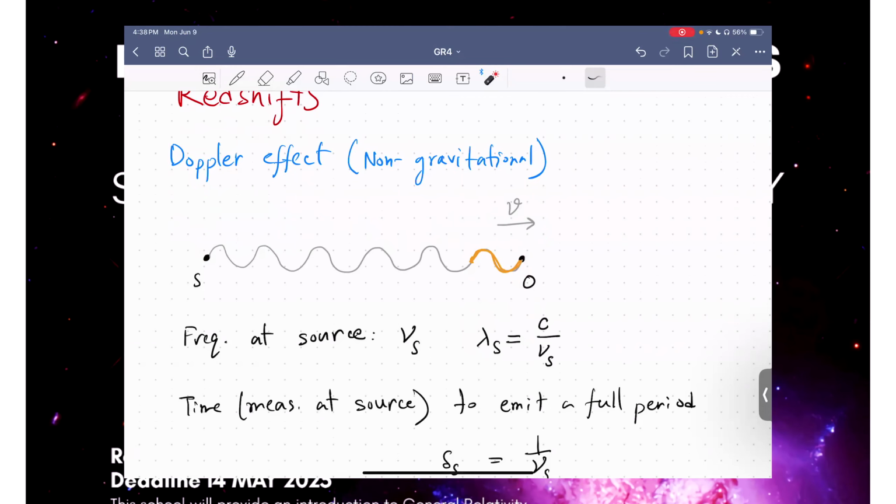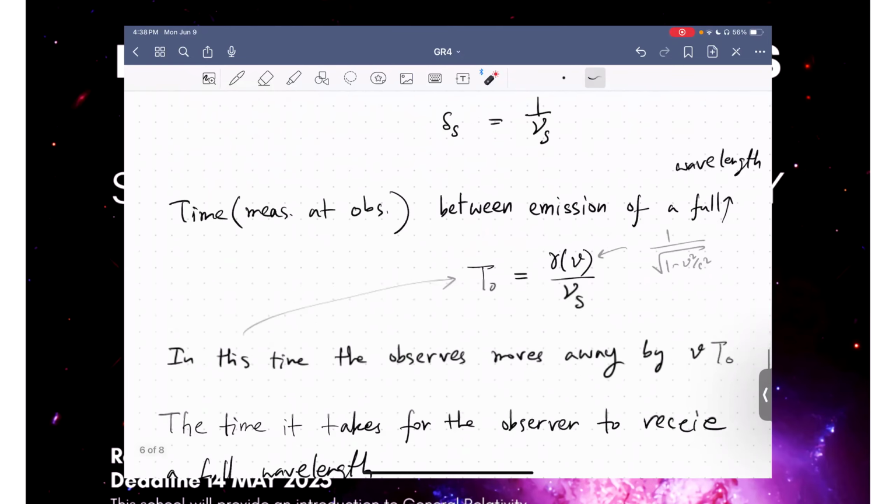And similarly, if after receiving this wavelength, the observer starts moving, then the observed wavelength of this particular oscillation of the light is the same as the oscillation here. Right? So the point that I'm trying to get across is that the Doppler effect is an instantaneous effect. The two objects have to be in relative motion at the time of the observation. It doesn't matter whether it was moving before or after.